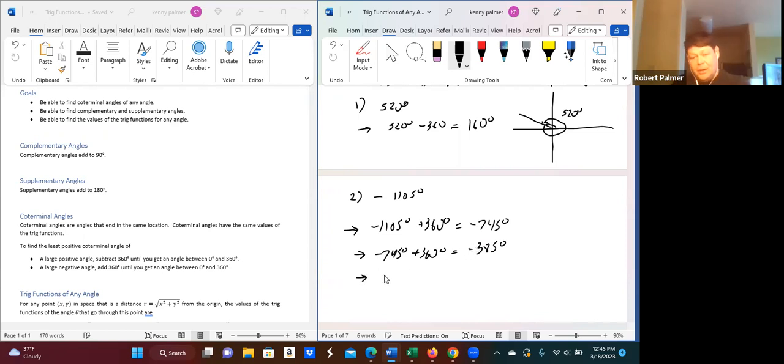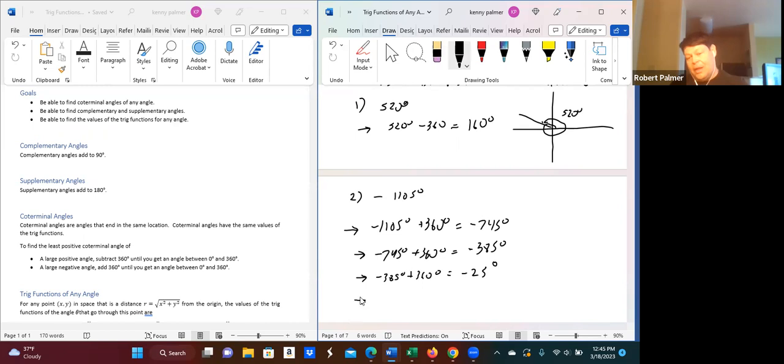Let's do the same thing again. So negative 385 plus 360, and that's going to be negative 25 degrees, still not quite where we want, but we're almost there. One more time.